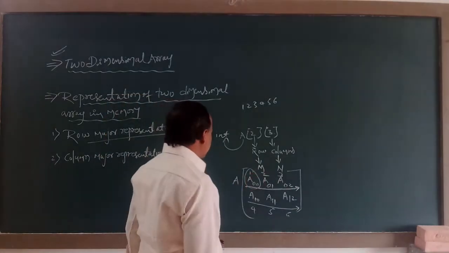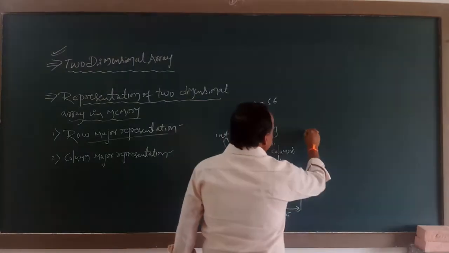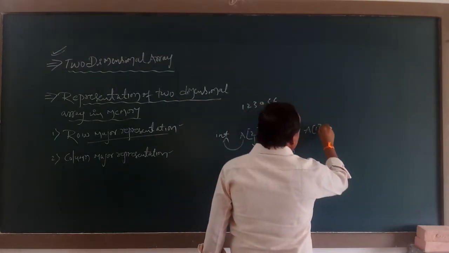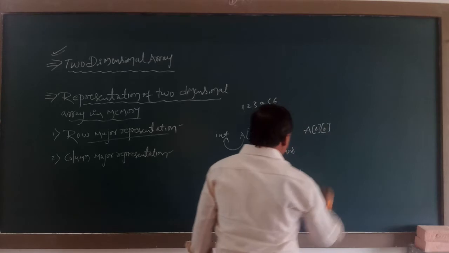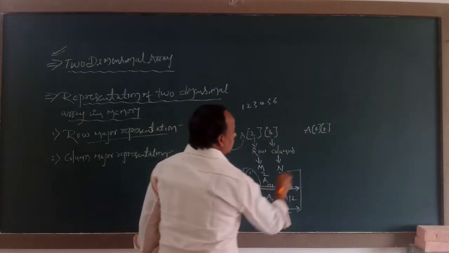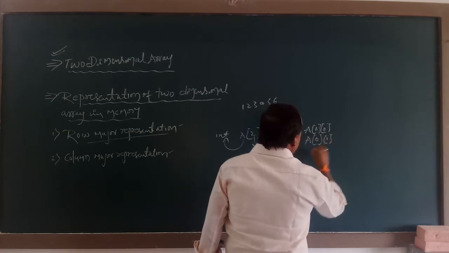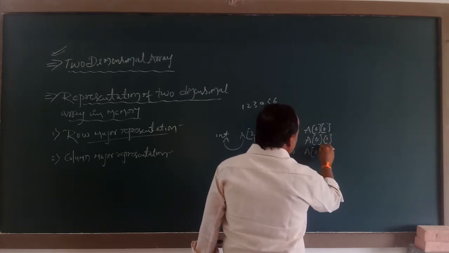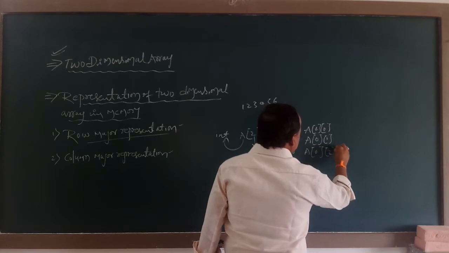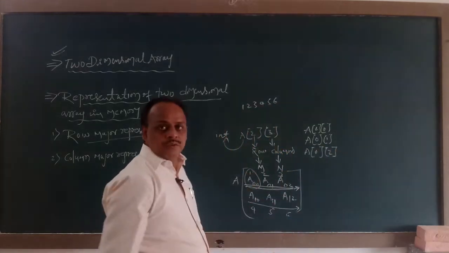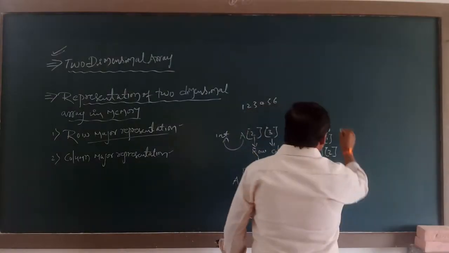So row major order means first A of 0, 0, the first row elements, these 3, right? So A of 0, 1, A of 0, 2. So this is the first row.